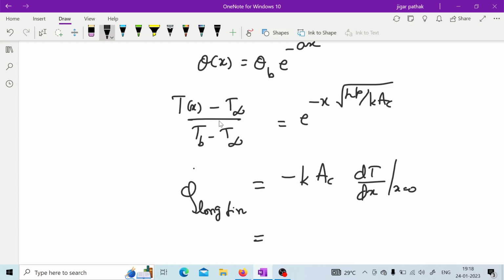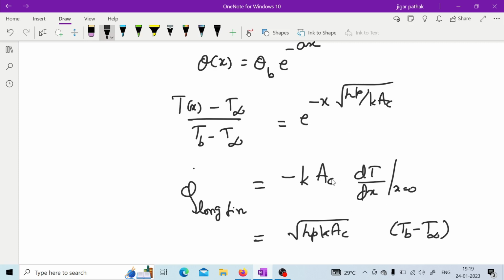If you differentiate on both sides, you will find the value of dT by dx at x is equal to 0, and if you put it here, it simplifies to under root hP kAc into Tb minus T infinite, because here you will have minus A e raised to minus Ax, where A is again under root hP by kAc.